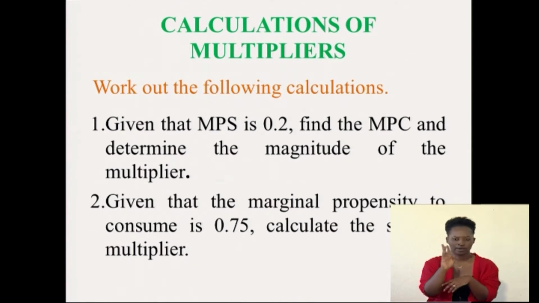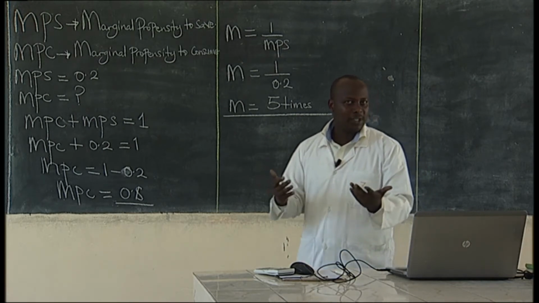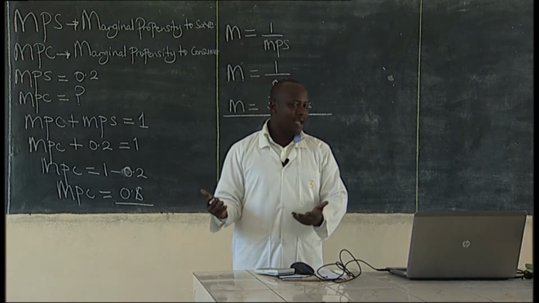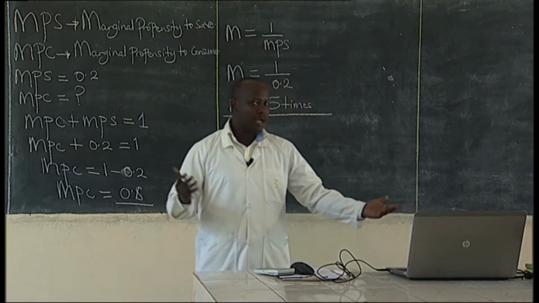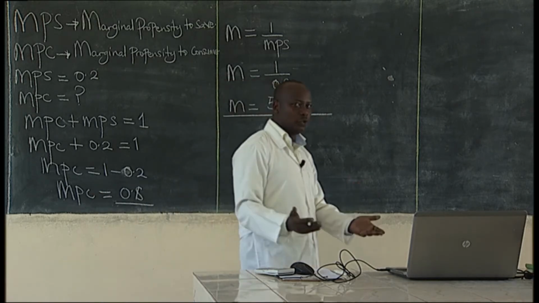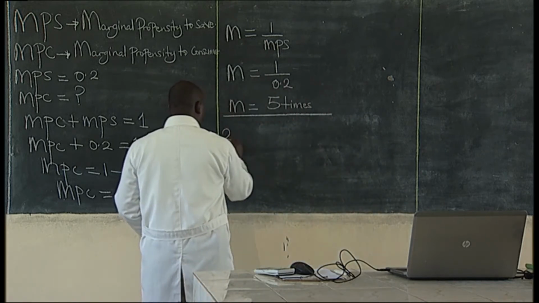You remember very well, learners, in the previous lesson, we learned the formulas on how to calculate a multiplier given marginal propensity to consume and given marginal propensity to save. Now, in the question, we have marginal propensity to consume, so we shall use this formula to get the multiplier on question 2.